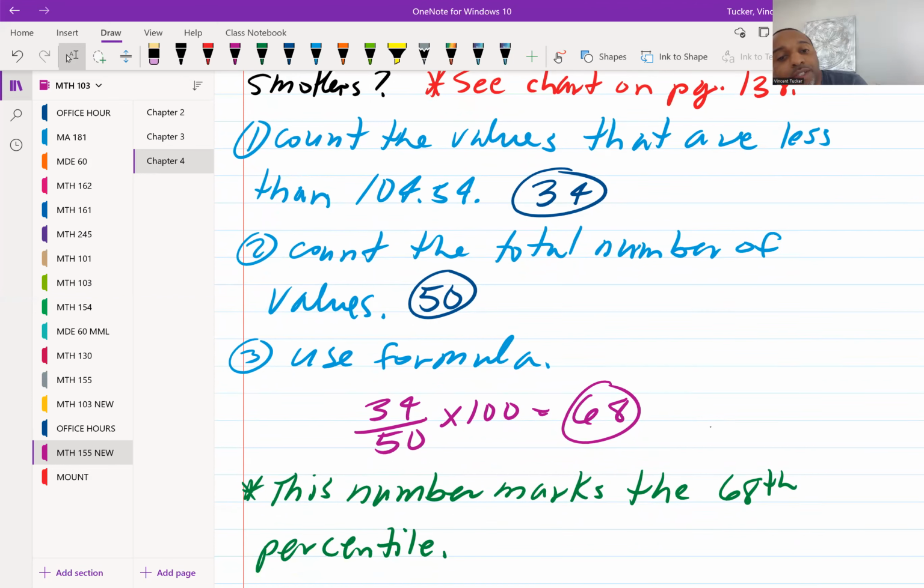This number of 104.54 marks the 68th percentile. Questions? Any questions?